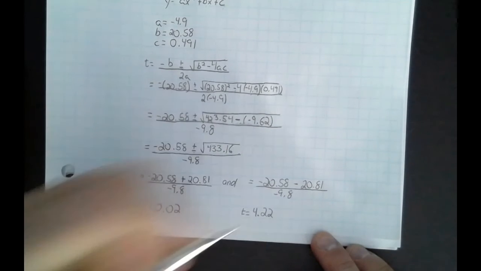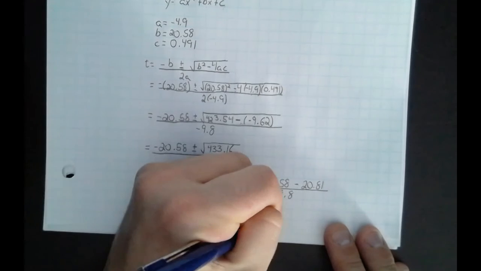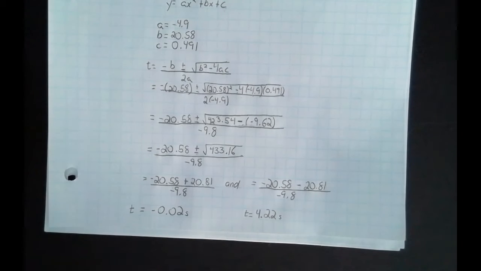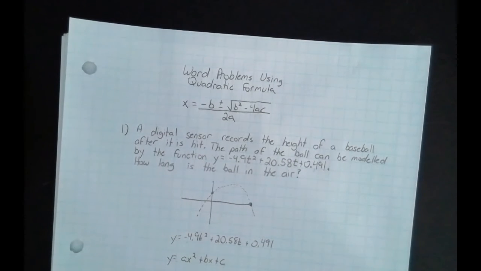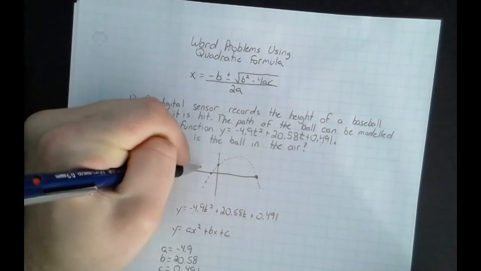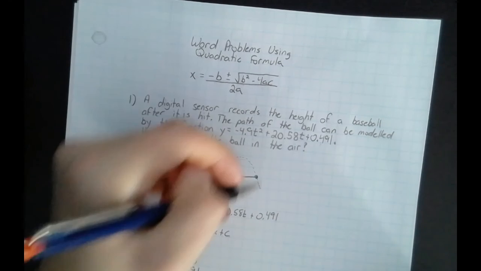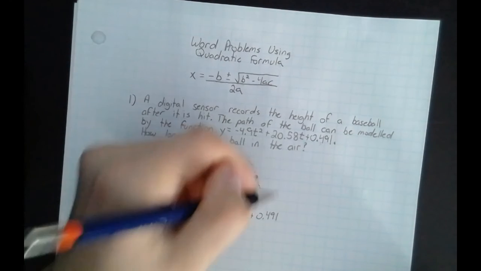And it's important, time is in seconds, so we have to keep our units. If we look back at our question, when we drew the path of the ball, our first zero is at negative 0.02, and our second zero is at 4.22.